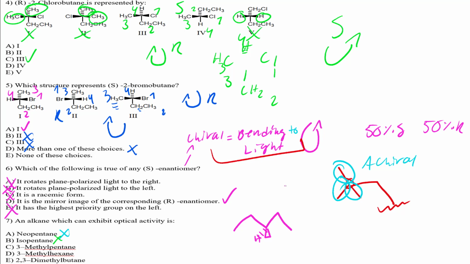Why is it bad? Well, the reason why it's bad is because you have a methyl group. That's good. You have a hydrogen group. That's also good. That's different. But then we have a CH2. And whenever you're trying to figure out prioritization, you're going to have to go through each individual carbon. So that's a CH2. That's a CH2. So that's the same. Okay, let's go down the line. That's a CH3.